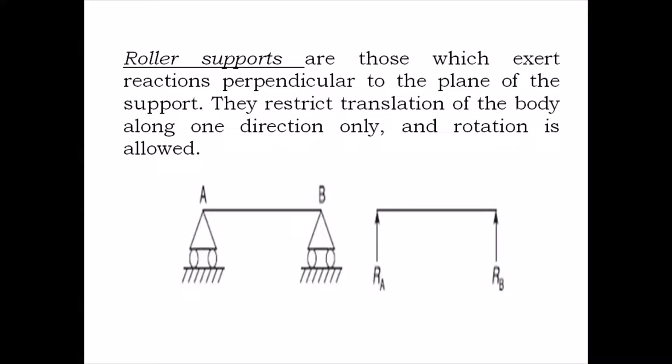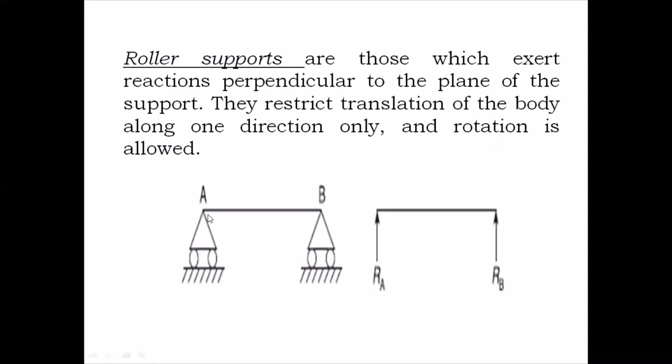Now I want everybody to make a note of this notation, how the roller support is denoted. A triangle with two circles, along with one line. This is how you denote the roller support.